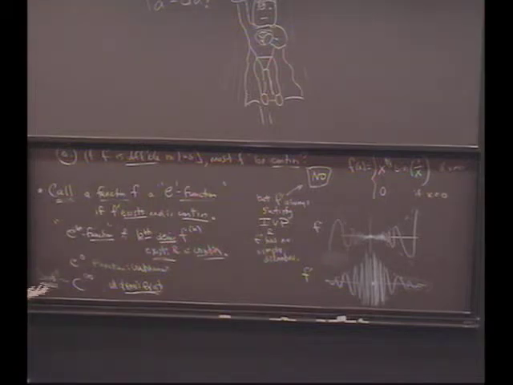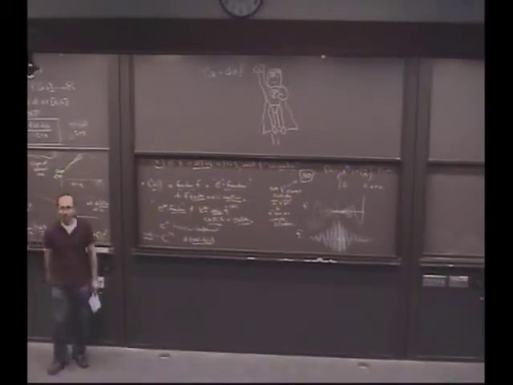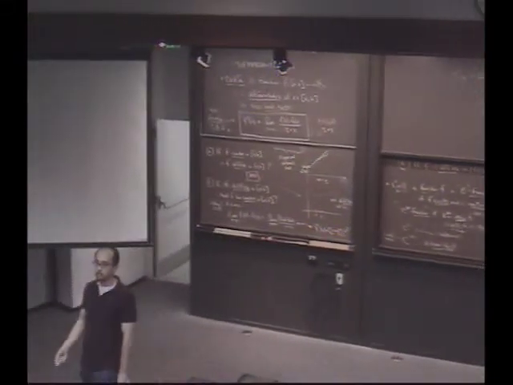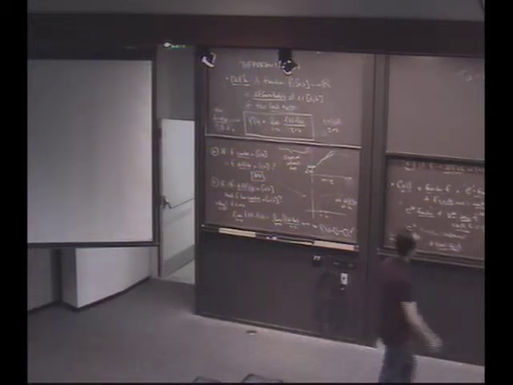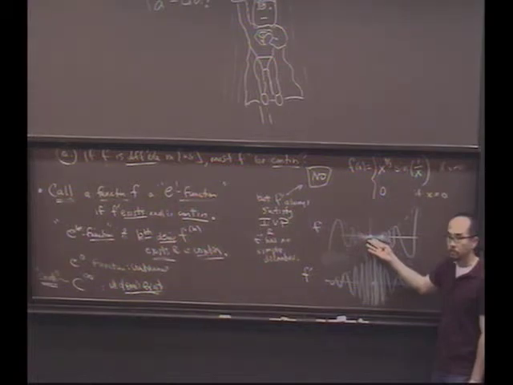And are continuous. Well, if they all exist, then the previous ones are clearly continuous. Yes? C0 just means continuous. This function is C0 because it is continuous. It's not C1.